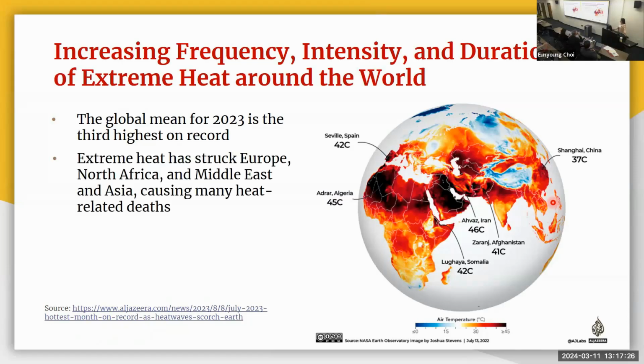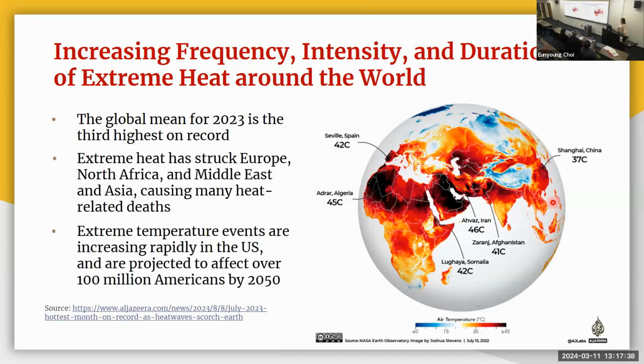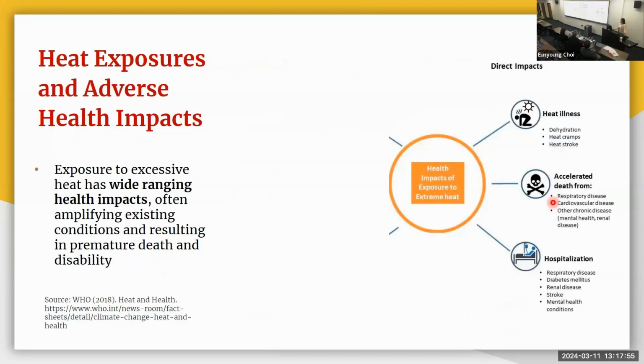Extreme heat has particularly struck Europe, North Africa, the Middle East and Asia, and it caused many heat-related deaths. The United States is not an exception. Extreme temperature events are increasing rapidly in the United States in the past few decades, and are now projected to affect over 100 million Americans by 2050.